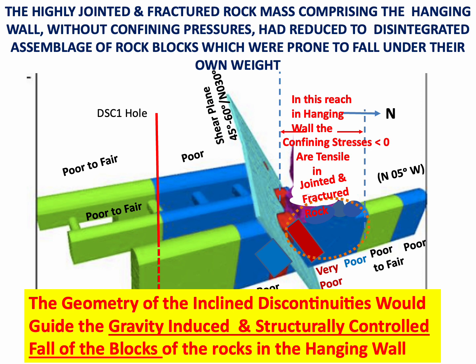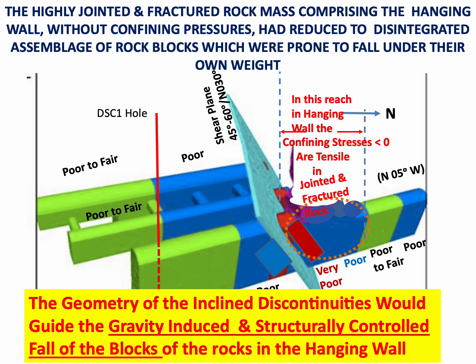The rock mass in the hanging wall comprised highly jointed and fractured rock mass. We may note that moderately high confining stresses are required to keep the jointed and fractured rock mass together, else it will behave as merely an assemblage of loosely packed rock pieces which are prone to fall under gravity forces in unconfined conditions.